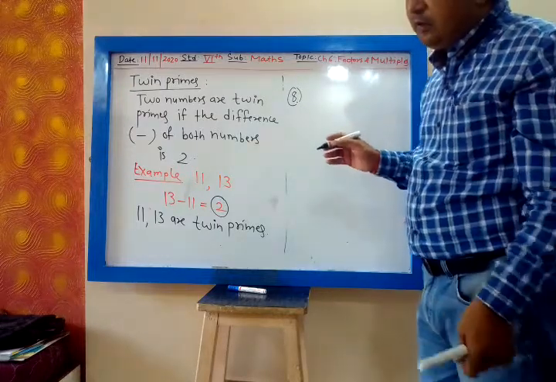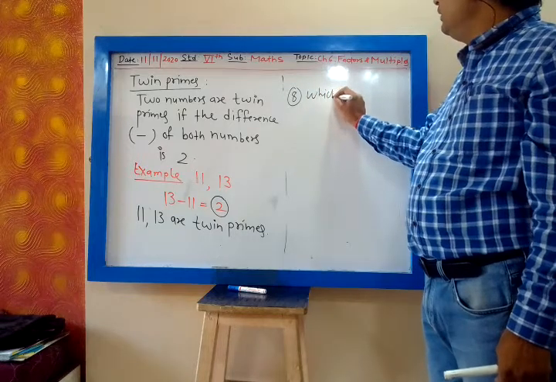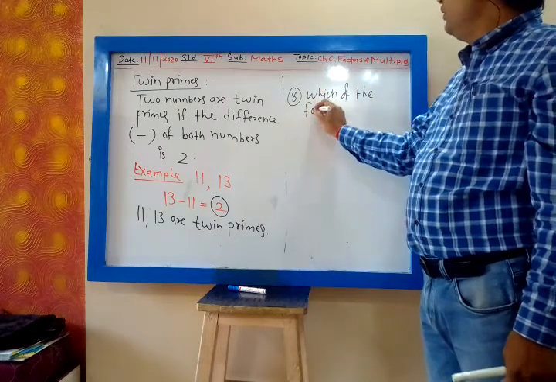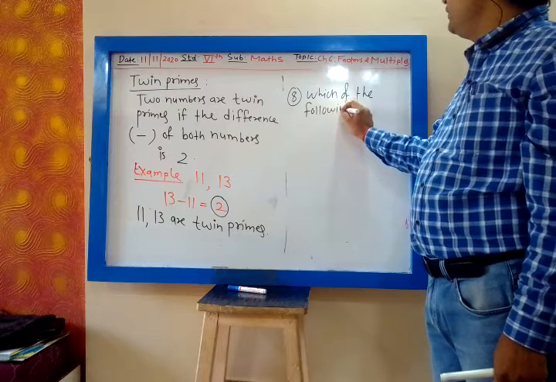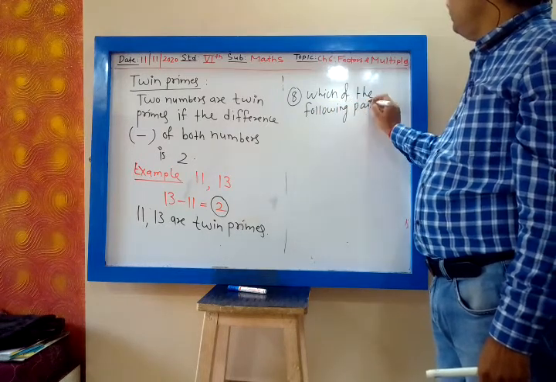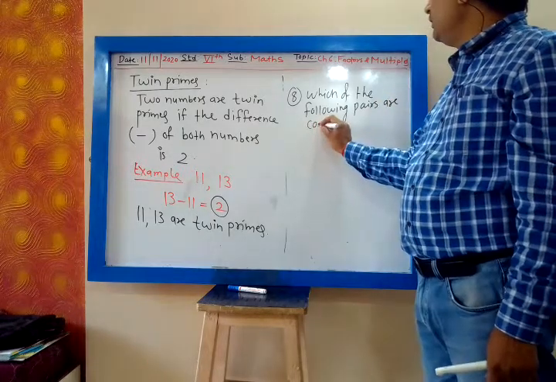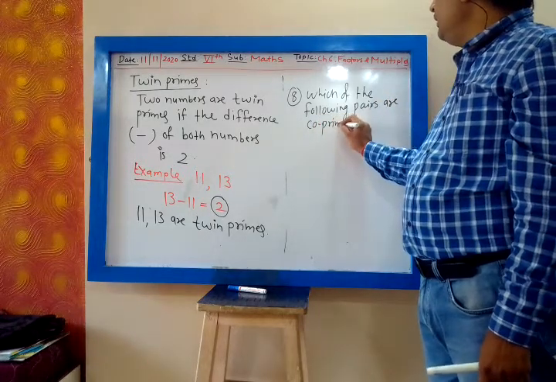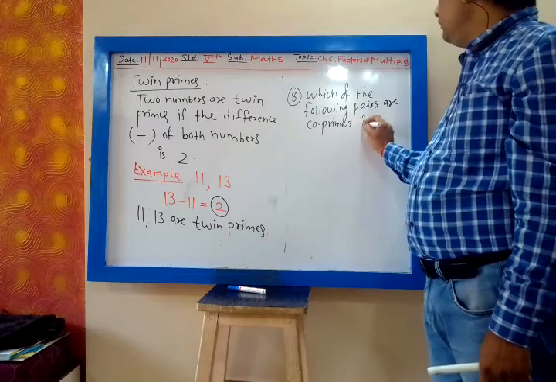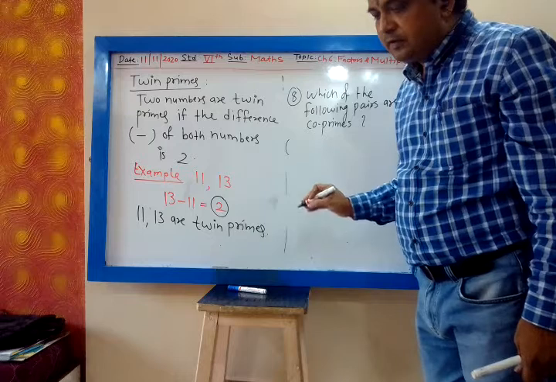Question 8: Which of the following pairs are co-primes?